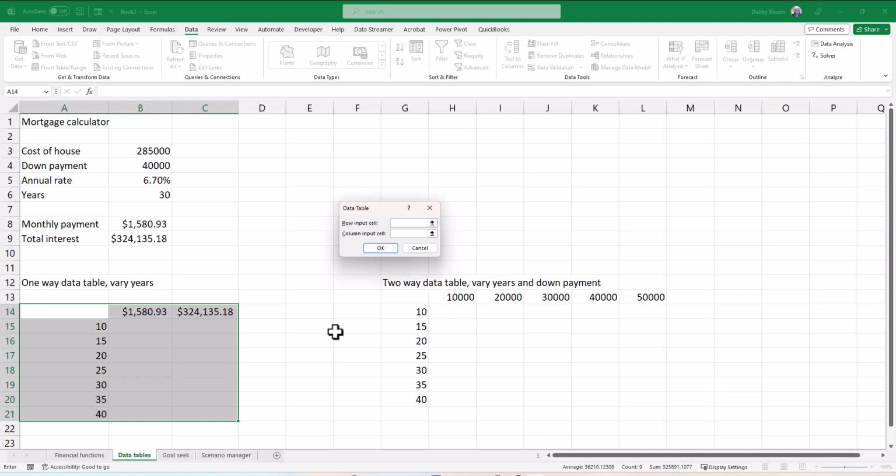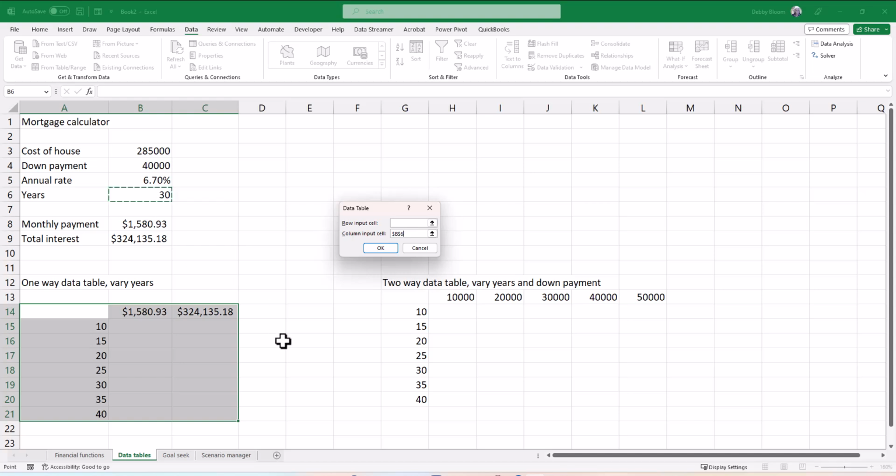So now I always get confused between my rows and my column, but whenever I think of a column, I think of a Grecian column that goes up and down. So for a one-way data table, our only input cell is in the left column. There's nothing in the top row. You'll see when we do our two-way data table, it's different. So I'm going to go into the column input cell, and I'm going to click on the number of years.